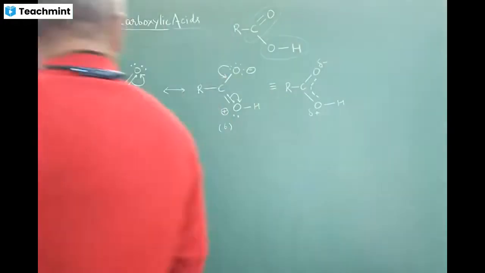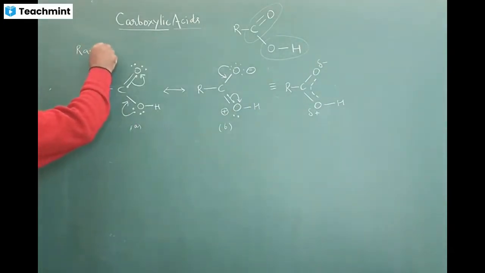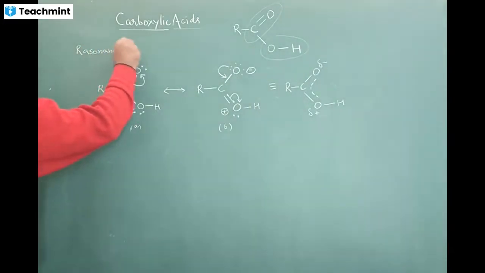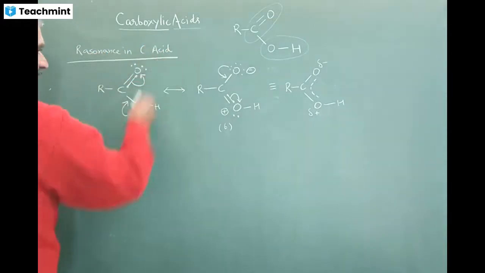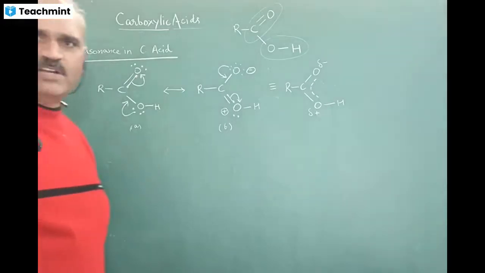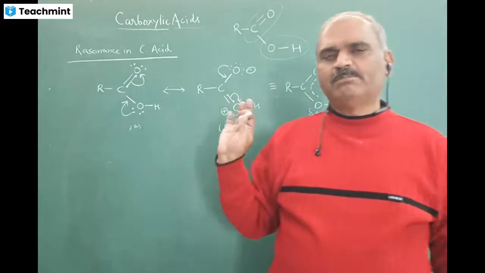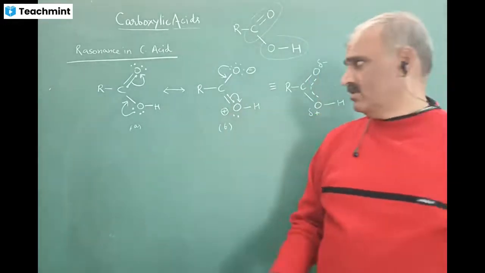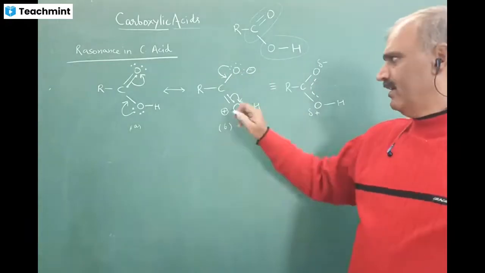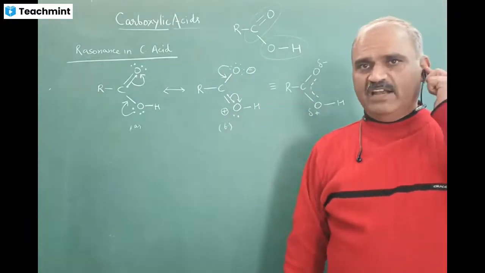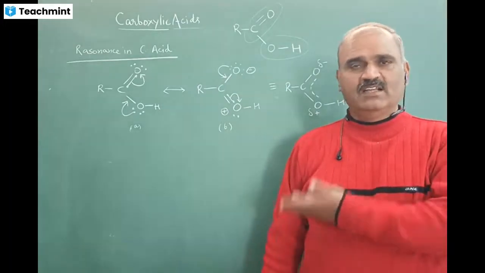So this is resonance in carboxylic acid. And resonance provides extra stability to a molecule. But you see, there is some problem in these resonating structures. One of the O atoms has a negative charge and the other has a positive. O is electronegative. It should not have a positive charge, but it is here.